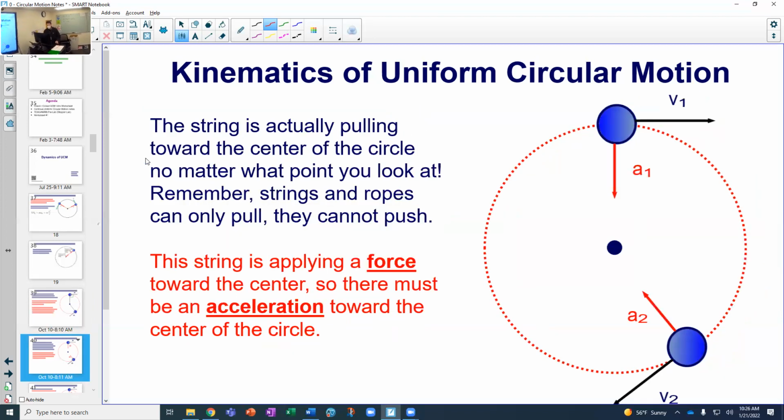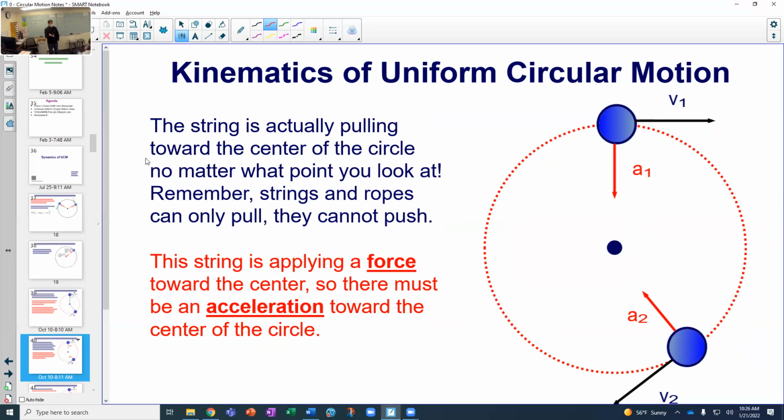Okay, moving on. So remember, the string is actually pulling toward the center of the circle no matter what point you look at it, top, bottom, right, left, whether it's vertical, whether it's horizontal. It is always true that if it's an object swinging in a circle, that string is always pulling it to the center. And remember, if it is a string or a rope, it has to be a pulling force because ropes and strings can't push.